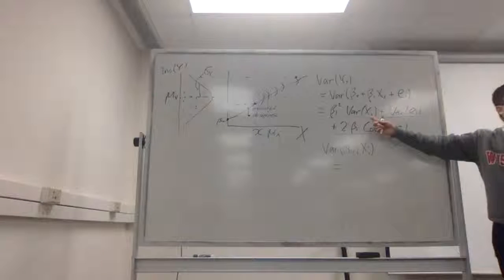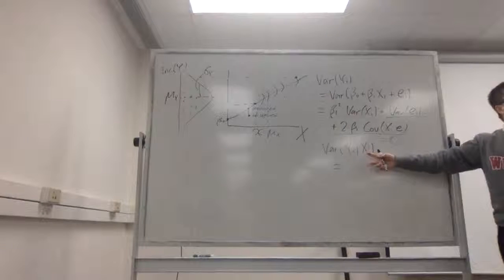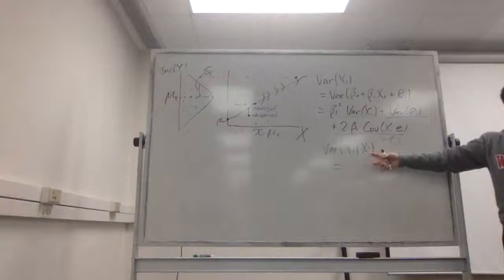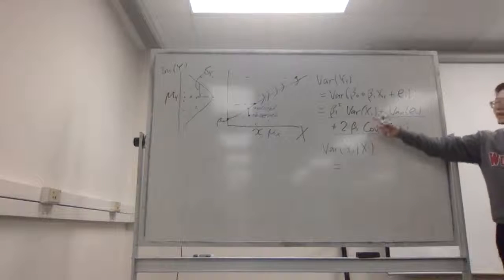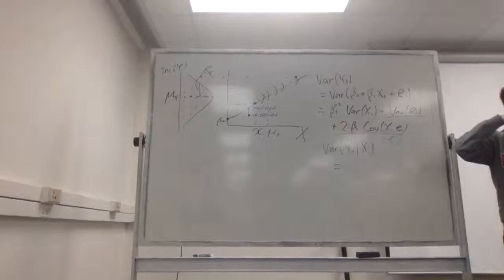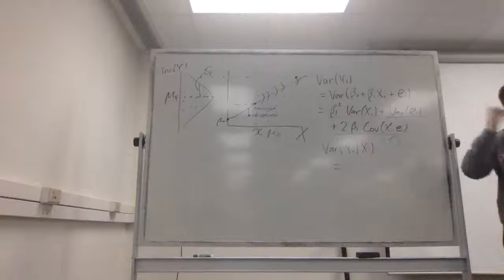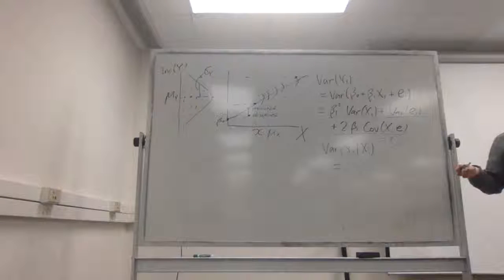So xi is basically fixed to a certain value, whatever that value is. So the variance of xi would be 0 in this case, because it's fixed to be a number. It has no variance now. Does it make sense?